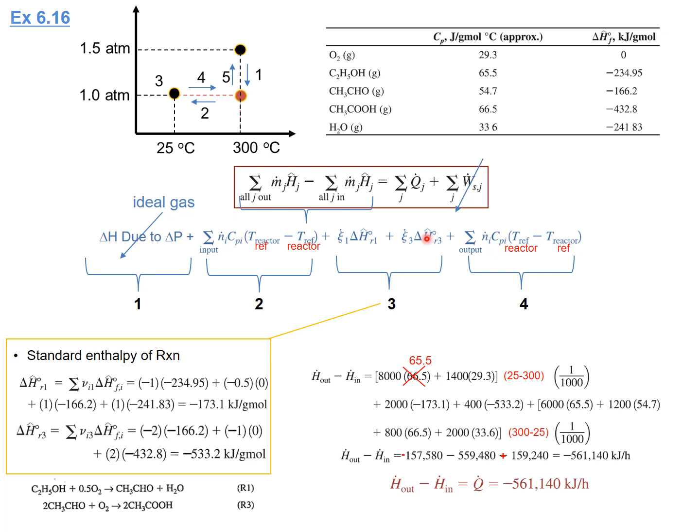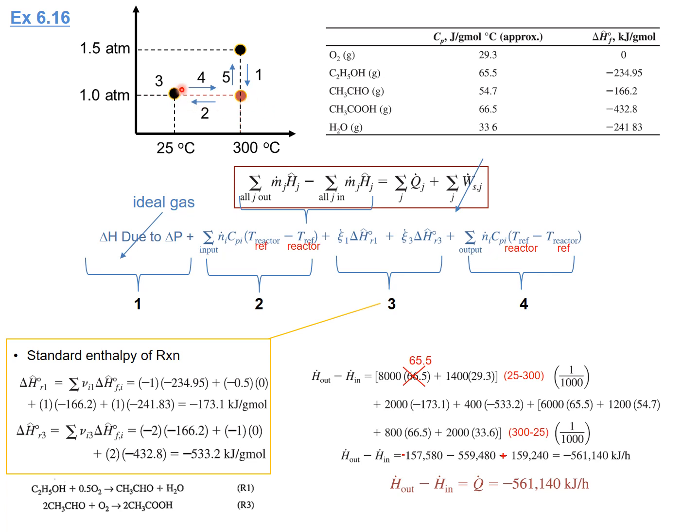at the standard state. Again, I'd like to emphasize this point. Why are we going to 1.0 atm and 25 Celsius degree from 1.5 atm and 300 Celsius degree? Because we should use the standard state values like heat of combustion or formation enthalpy.